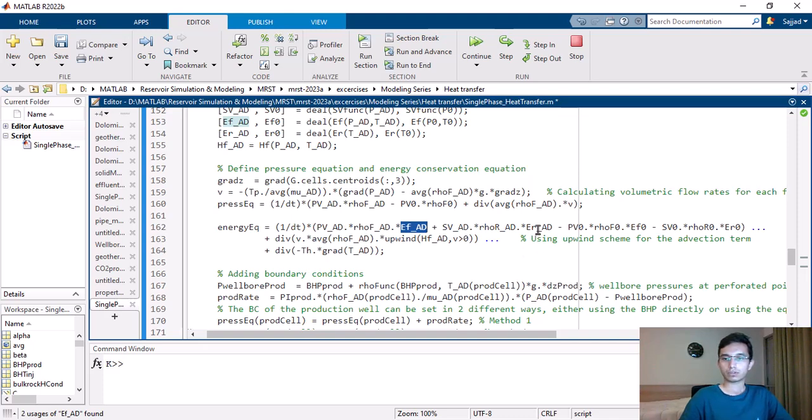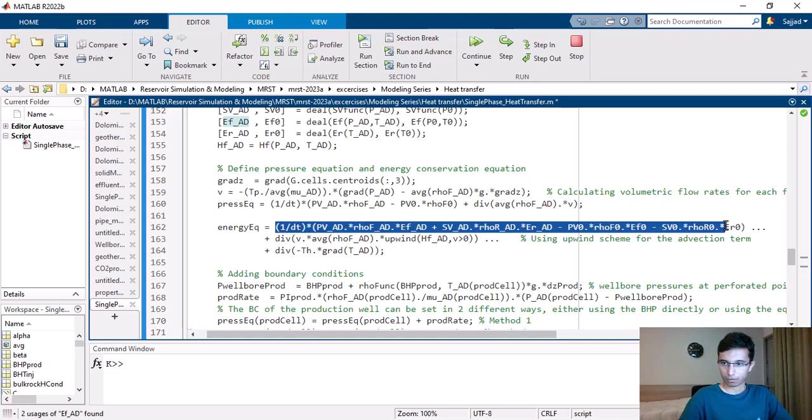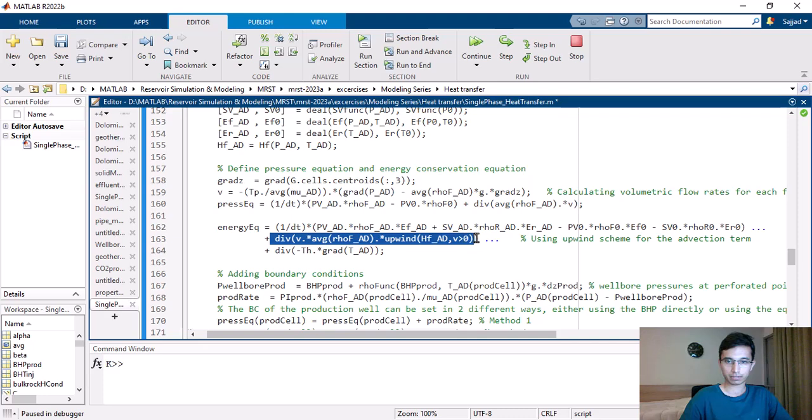All right. Great. So, as I said before, this is the accumulation term of energy, and what we have here is actually the energy advection term.